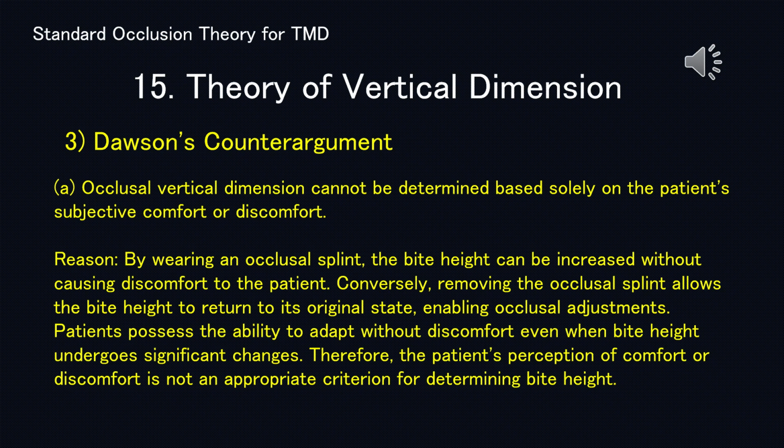Conversely, removing the occlusal splint allows the bite height to return to its original state, enabling occlusal adjustments. Patients possess the ability to adapt without discomfort even when bite height undergoes significant changes. Therefore, the patient's perception of comfort or discomfort is not an appropriate criterion for determining bite height.